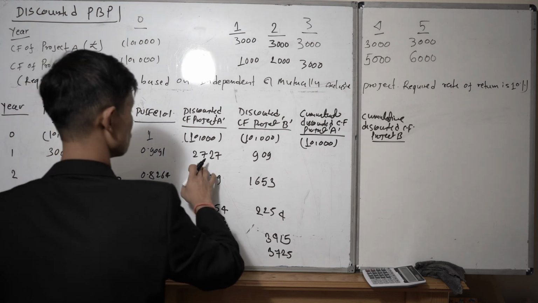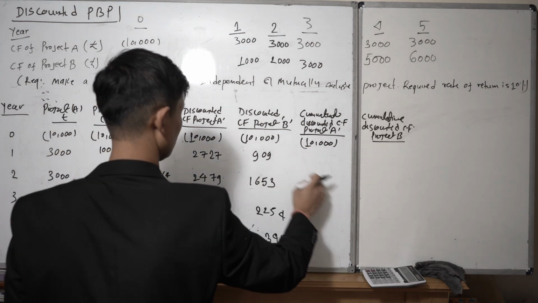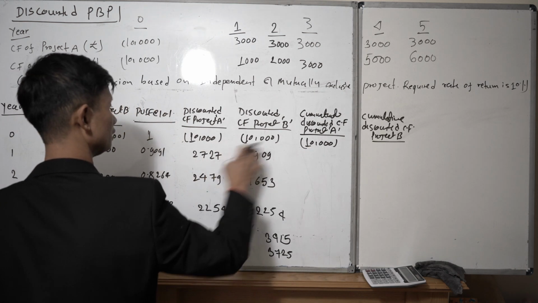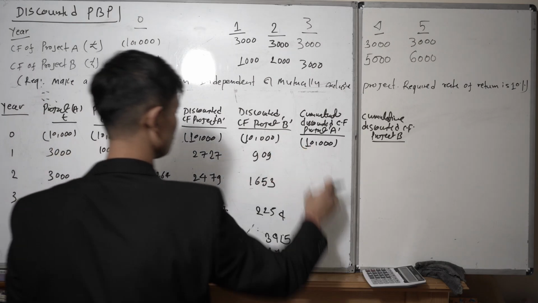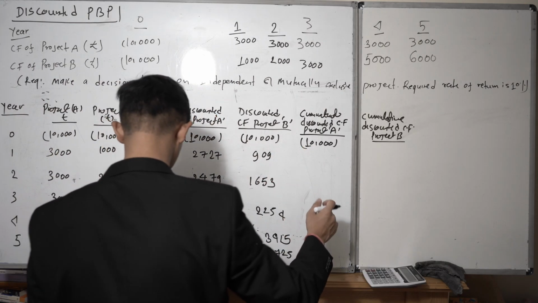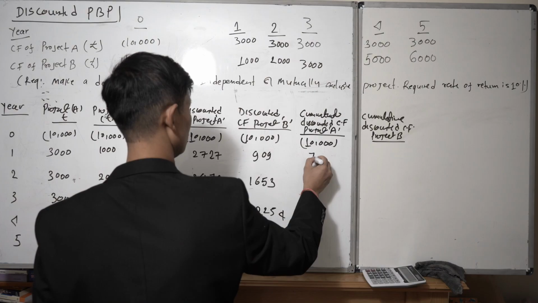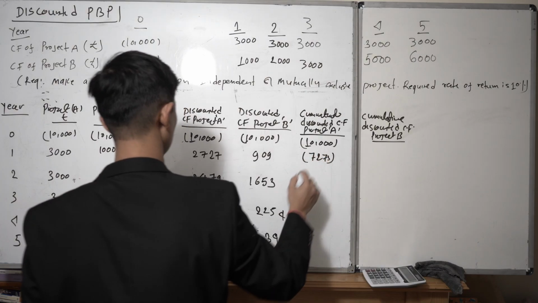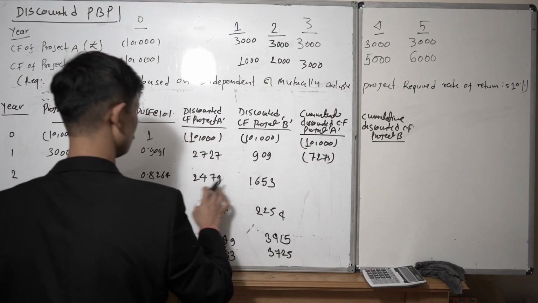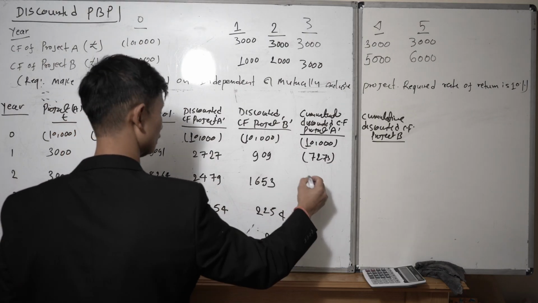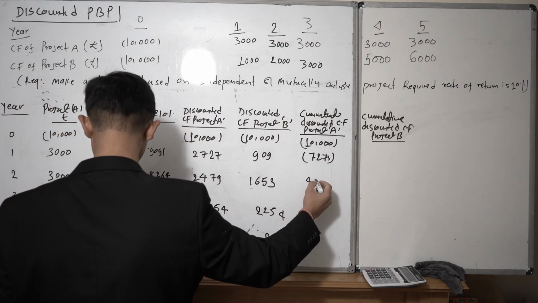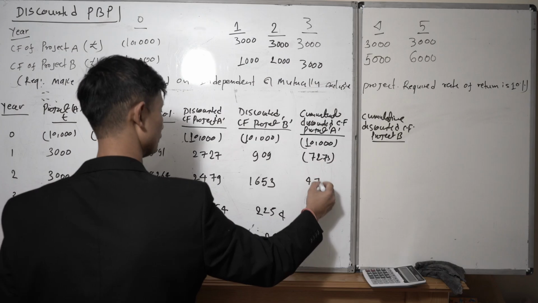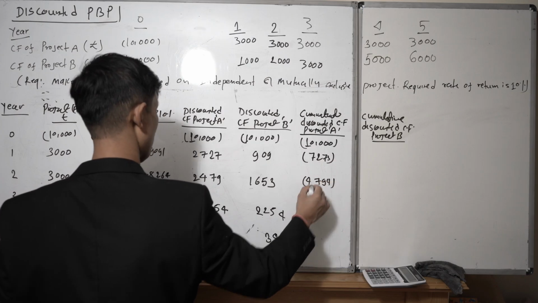So we deduct 2727 from 10,000, then we get minus 7273, and let's deduct 2479, we get minus 4794.